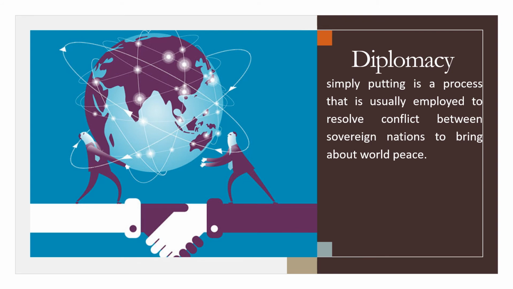So as you can see from the picture, world peace is dependent on this, and for there to be peace, countries must be at peace with each other, and this they can achieve by signing treaties with each other and having diplomatic ties. When the diplomatic ties are broken, the first thing you notice is that they will start withdrawing their embassy from the other country. That means the diplomatic ties have been broken.